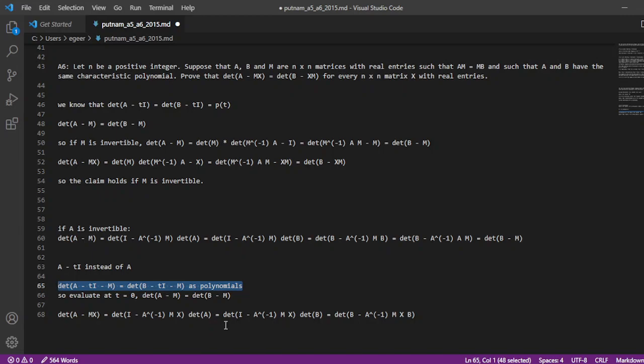I guess I should just factor out x too, right? So suppose I factor out x. So I'll get x inverse here. And I'll pick up a determinant x. And now I'll write this as determinant x inverse minus A inverse M, determinant B determinant x.